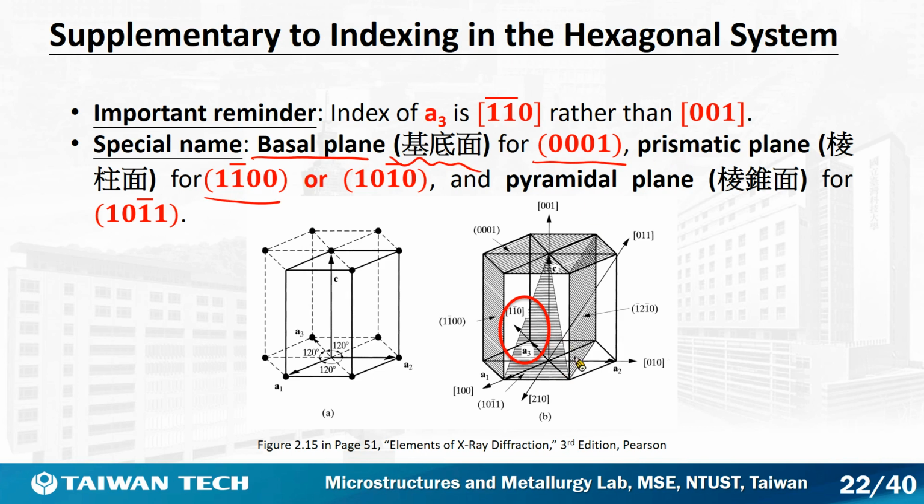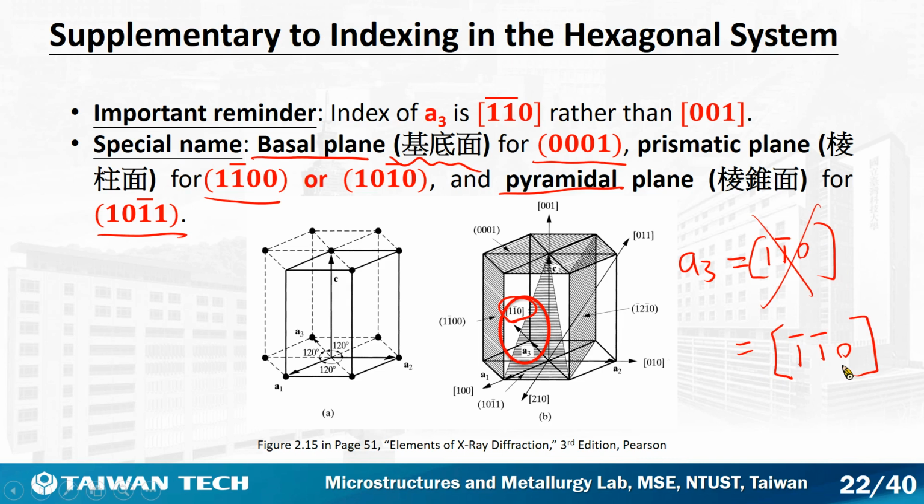You can see here: basal plane, prismatic, and pyramidal. For 1, 0, minus 1, 1, and there's a circle here. You can see here it says that S3 is 1 minus 1. This is wrong. I think it's a typo. It should be minus 1, minus 1, and 0.